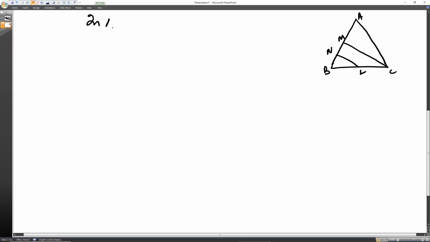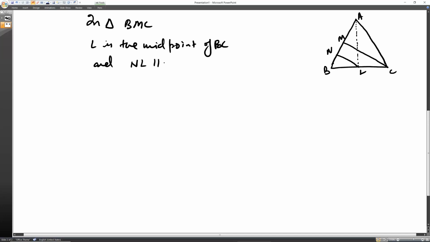Now in triangle BMC, you know that L is the midpoint. Why? Because AL is the median. L is the midpoint of BC, and NL is parallel to CM.